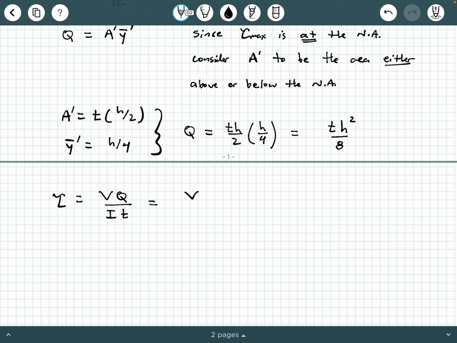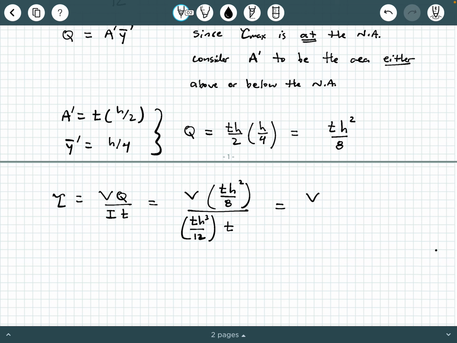Then Q is going to be T h squared over 8, all divided by I, that was T h cubed over 12, and then multiplied by T. T was just T. So we can do some algebra combining here. I'm going to show my algebra in case you have a similar homework problem or a professor that wants you to show a lot more work.